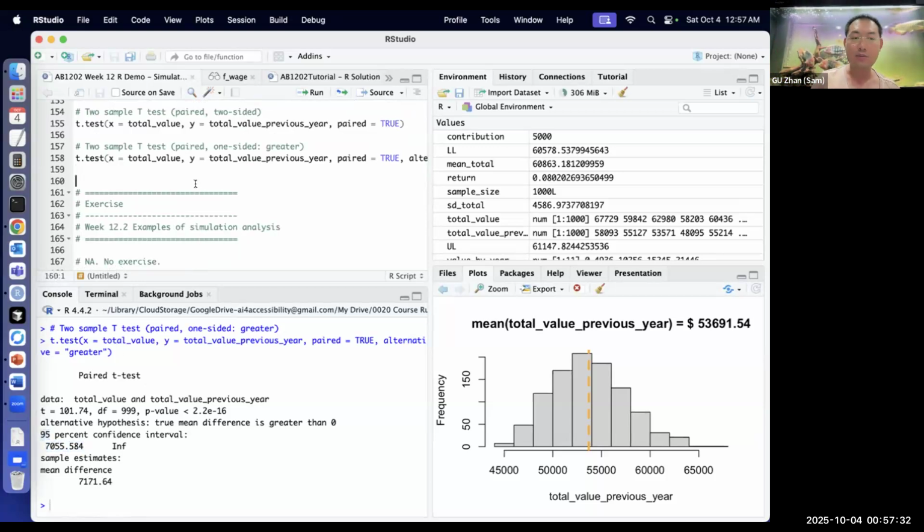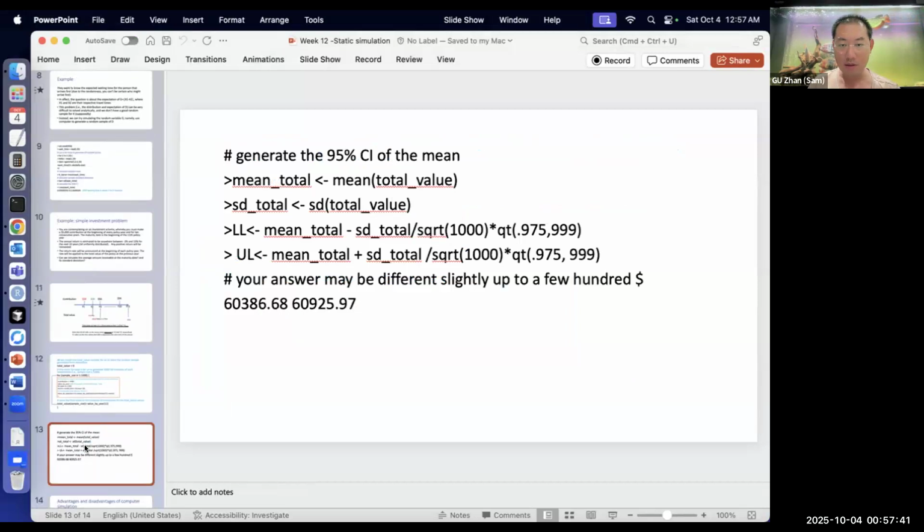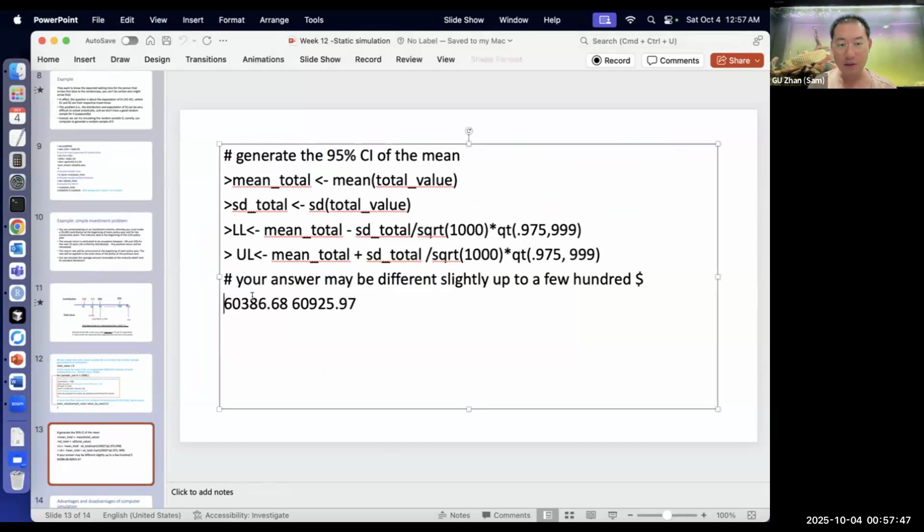Okay, so this is how you interpret it. Okay, so that's this called mini investment example. Okay, this is the 95% confidence interval that is shown earlier.